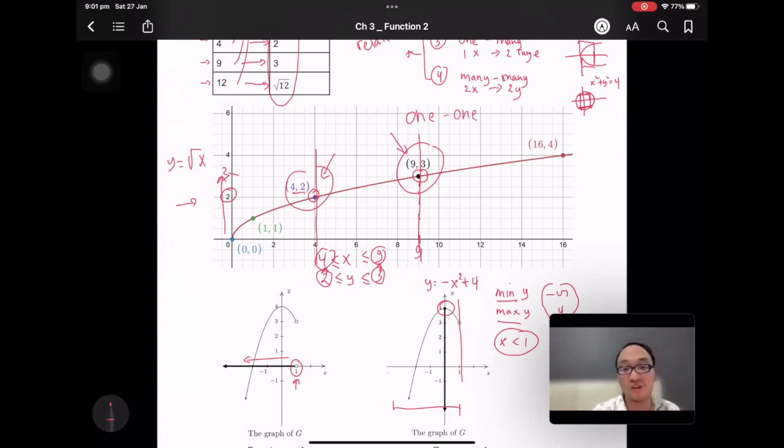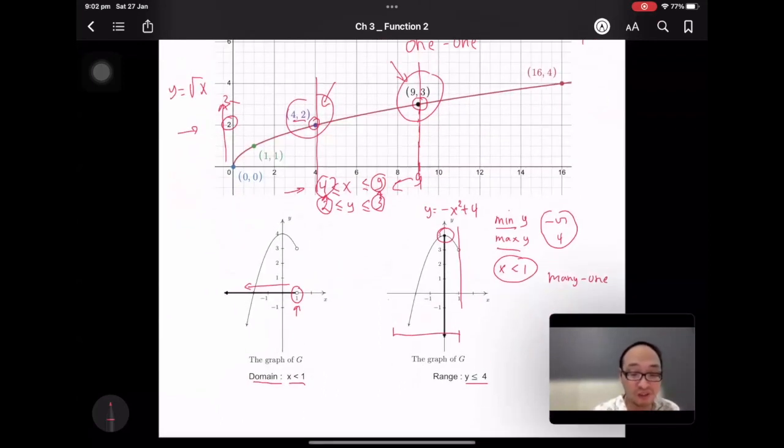So you have to check first the type of the function. If it is one-to-one, you can find the range by finding the values at the border, at the end of the domain. But if the function is many-to-one, you cannot just find the range from the border of the domain at the endpoints.